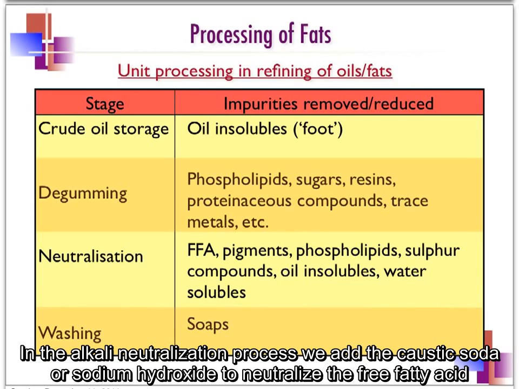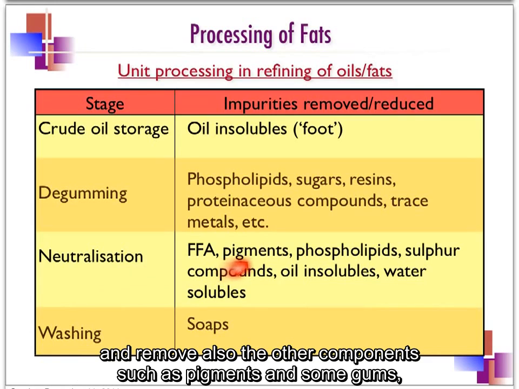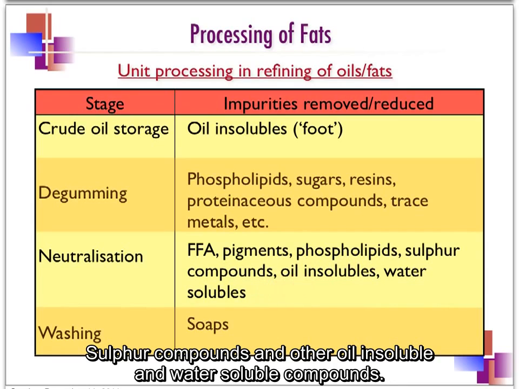In the alkali neutralization process, we add the caustic, or the sodium hydroxide, to neutralize the free fatty acid and also remove other components, pigments, and some gums, sulfur compounds, and other oil insoluble and water soluble compounds.